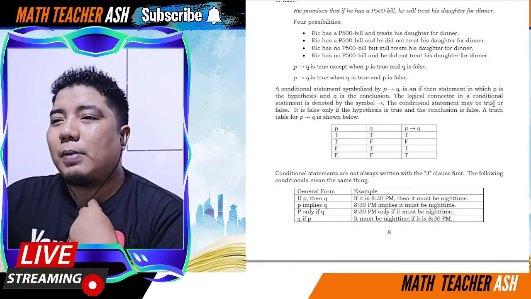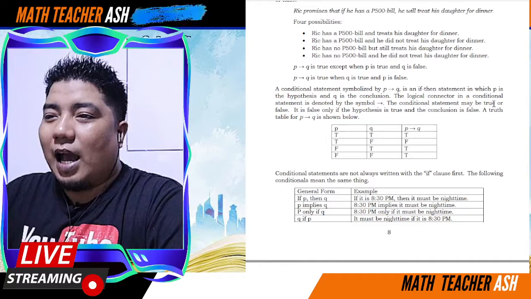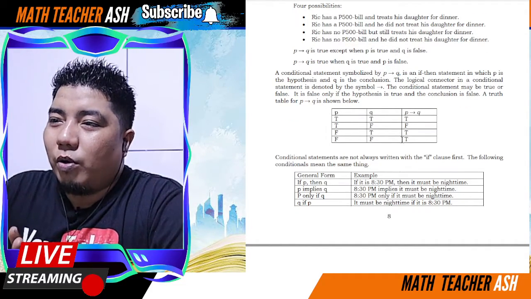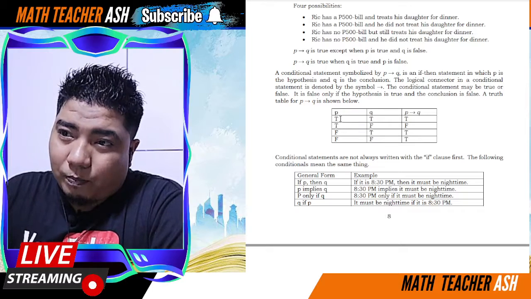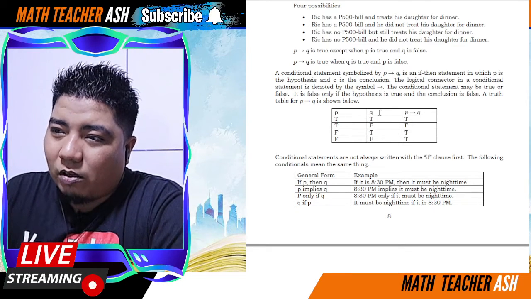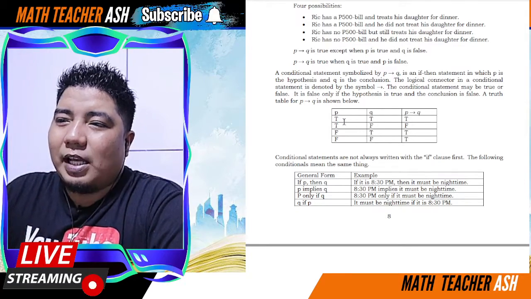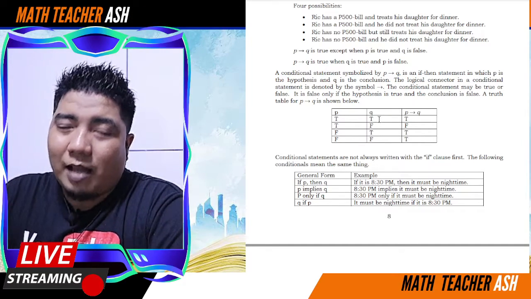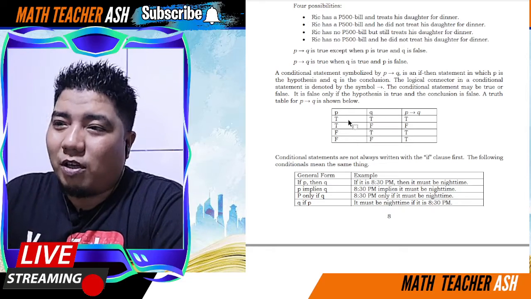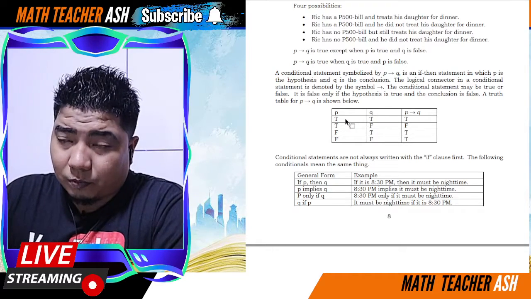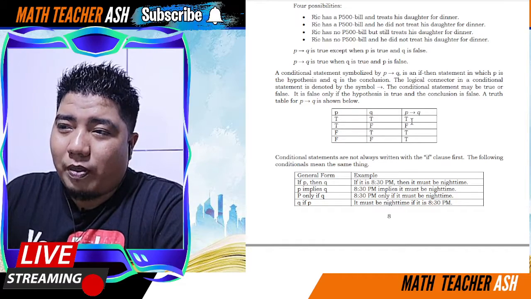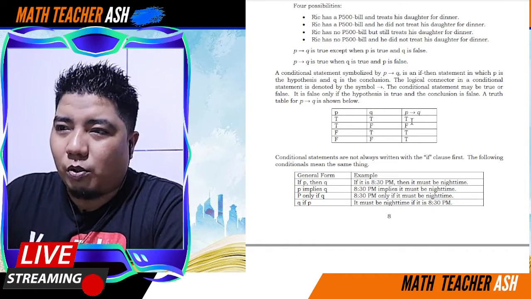So, ito na lang. Mas maganda kung i-consider natin ang example. So, meron ditong table. If the hypothesis is true, and then the conclusion is true, then the whole statement is true.